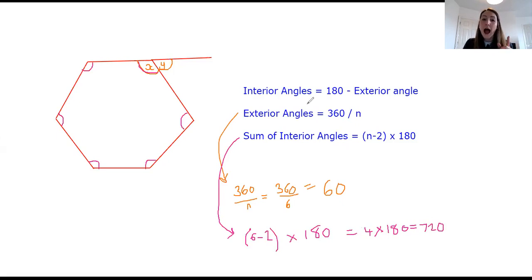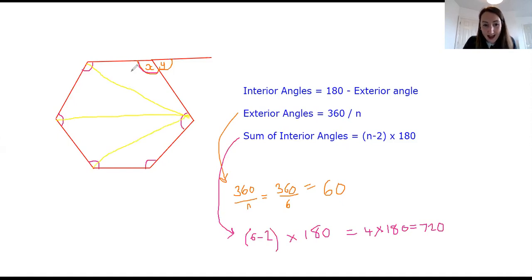Okay. And for those of you wondering why we get that, I'll show you a little secret. I change this to yellow. You might notice that a polygon can be broken down into triangles, okay?